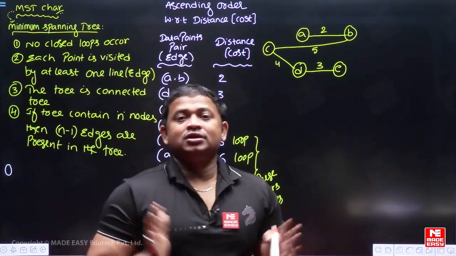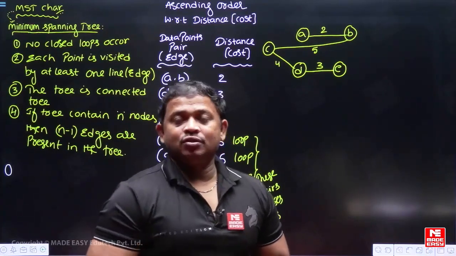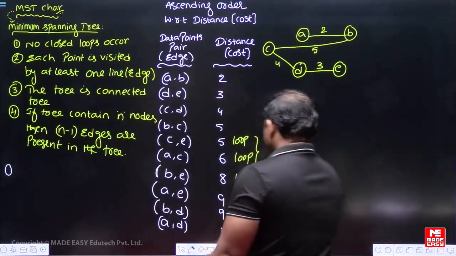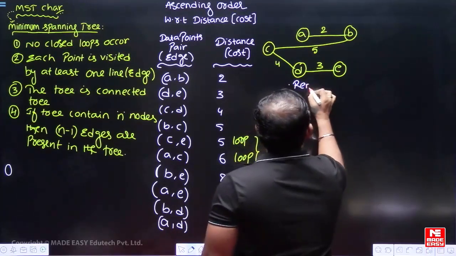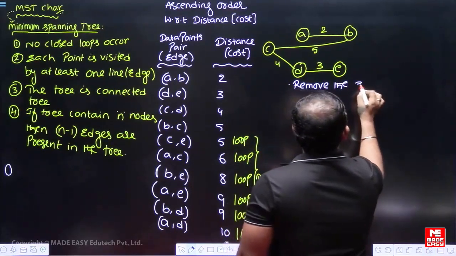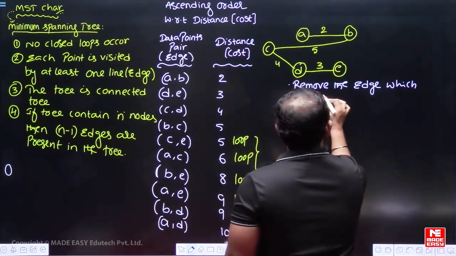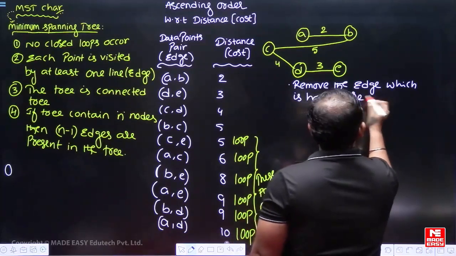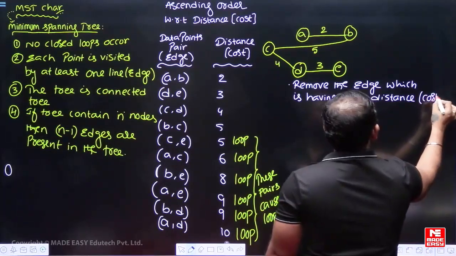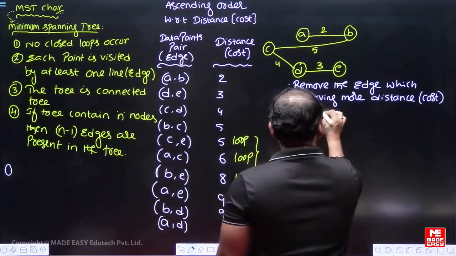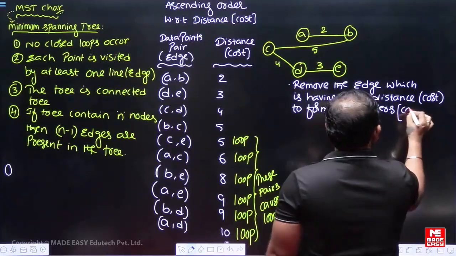Now remove the edge which has the more cost, more distance, to form the clusters. In brackets, complete linkage.